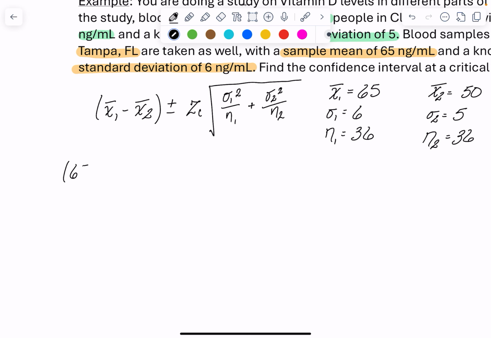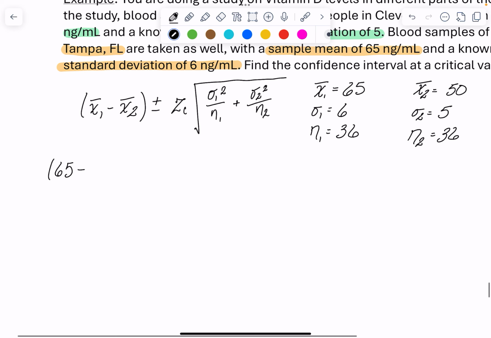Sample mean for our first sample is 65. Sample mean for our second sample is 50.